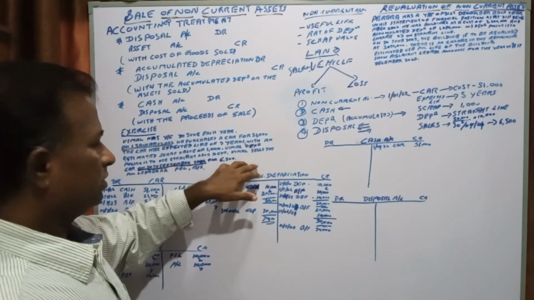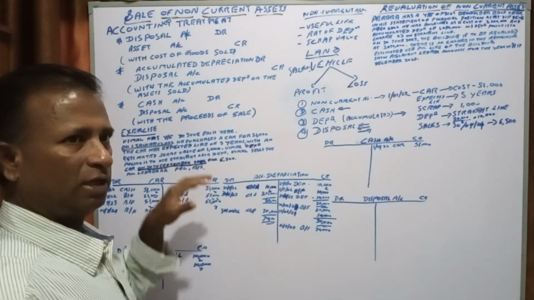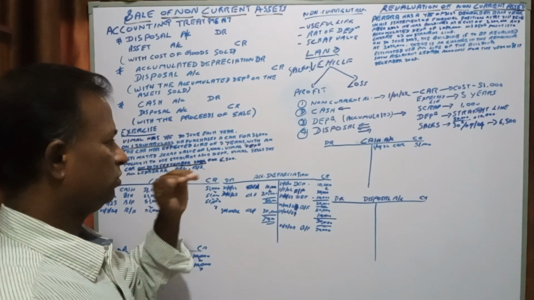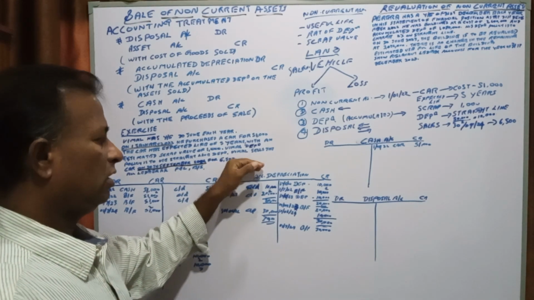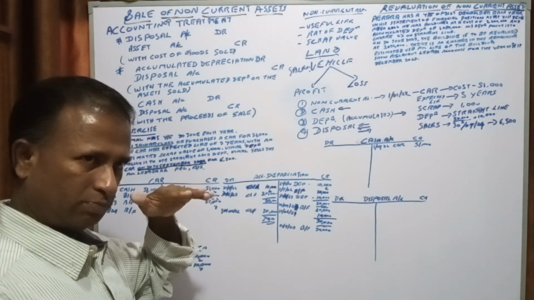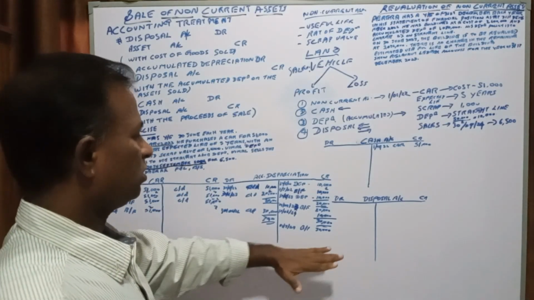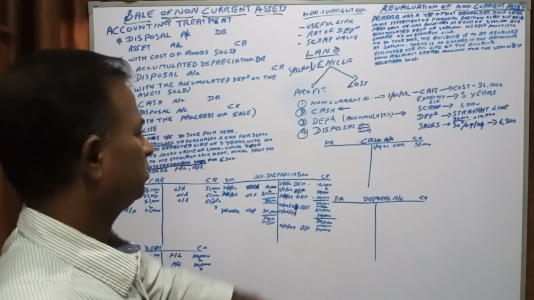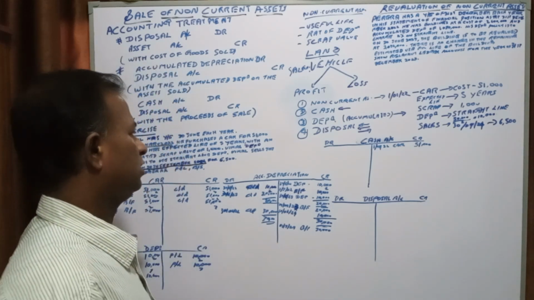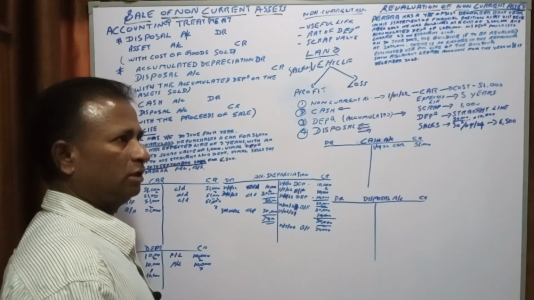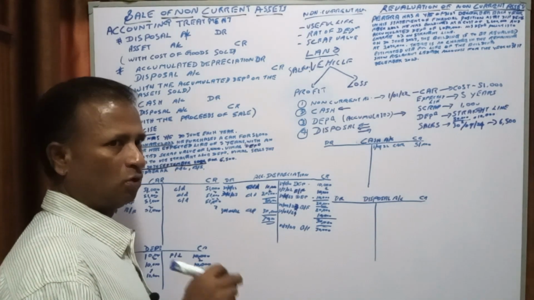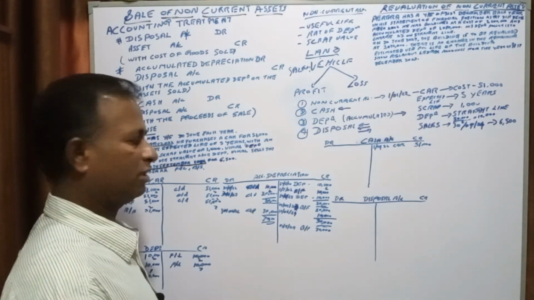We assume that during the year of purchases we provide the depreciation. During the period of sales the depreciation is not carried out. We do not make depreciation during the year in which the sale of the non-current asset takes place.